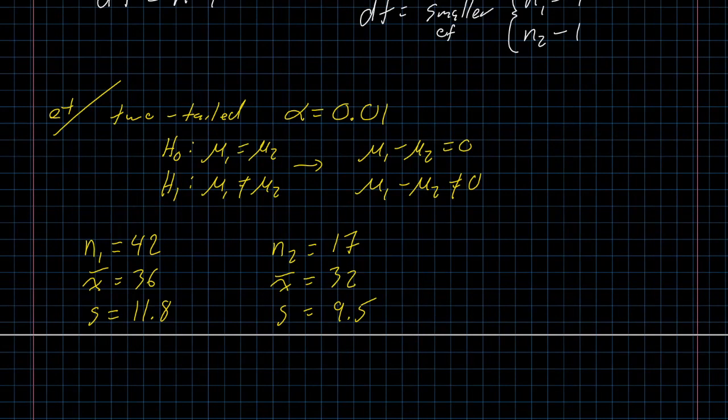In order to perform a t-test, we need a t-score. In order to have a t-score, we need to have our alpha, 0.01 in a two-tailed test in this case, and we need to have the degrees of freedom.